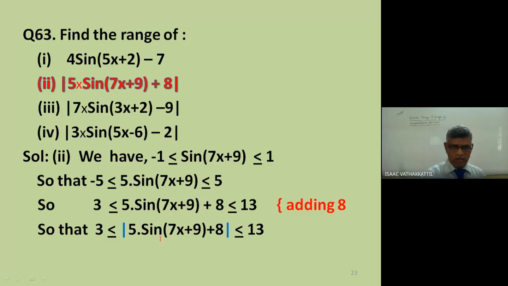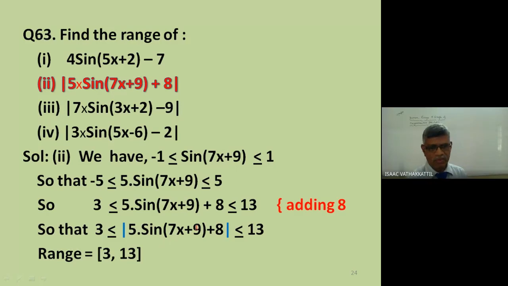So the range will be the closed interval 3 to 13. I started with -1 less than or equal to sine theta less than or equal to 1, multiplied by 5, added 8, and as such it is a positive quantity. Modulus did not make any difference.